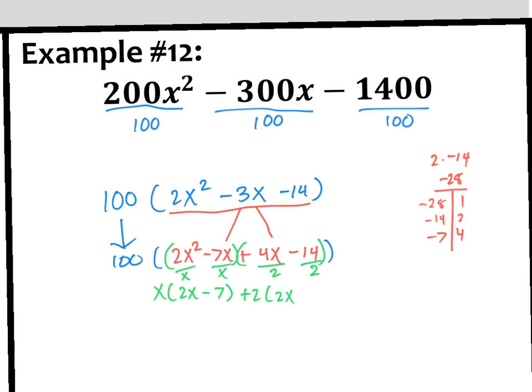Negative 14 divided by 2 is negative 7. So now my two factors, my common factor here, 2x minus 7. Okay, and then I have x plus 2 is my other factor. And I cannot forget to bring down that 100. 100. Okay, and I have my final factored answer.